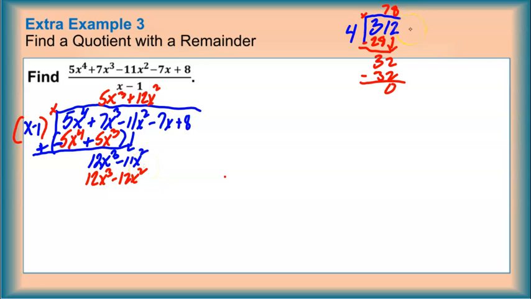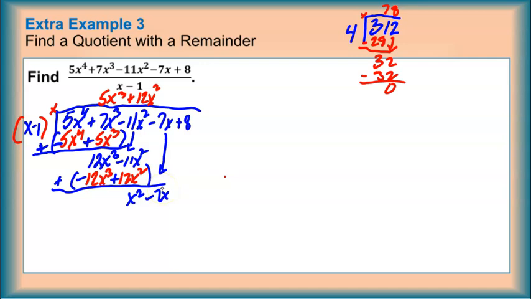And just like on top, I would have to subtract below. Because I have a binomial here, I have to do the opposite. So if I'm subtracting, what I'm really doing is adding the opposite of these numbers. The 12x cubes cancel each other off, and then I have negative 11 plus 12, which is 1x squared. Then I bring down the minus 7x.